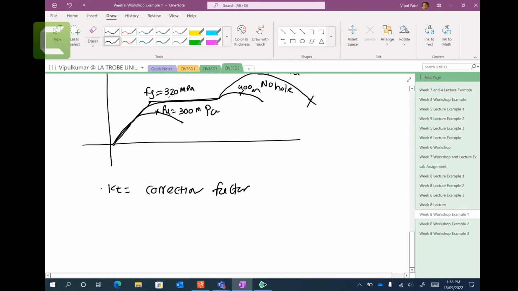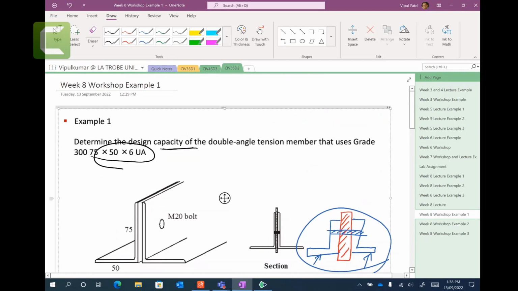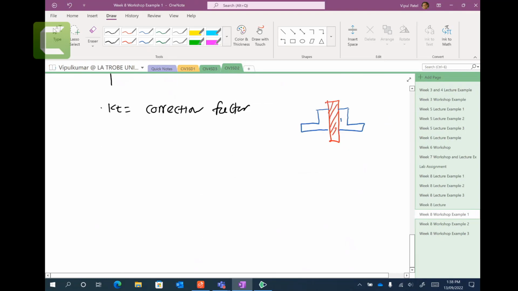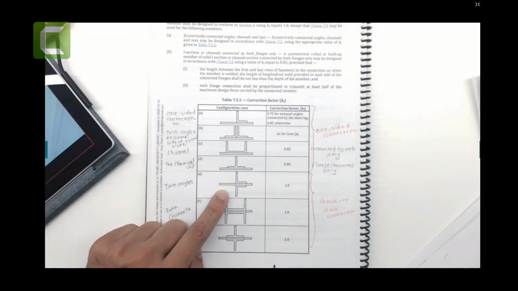The gusset plate was like this, and we have these configurations. You remember that in the lectures, right? Here you go. We have this, and we connected these guys here. So for that case, we use KT equal to 1.